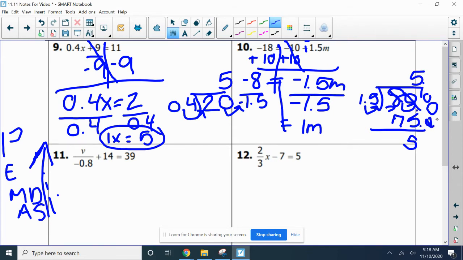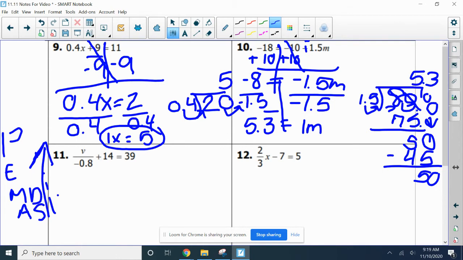So bring down this 0. 15 goes into 50. 15, 30, 45. So 3 times. And 45. And I got 5 again. So what I know is going to happen is that I'm going to keep getting that 3. So I can go ahead and say that 1m is equal to 5.3 repeating.